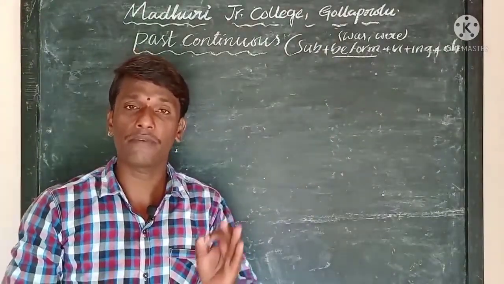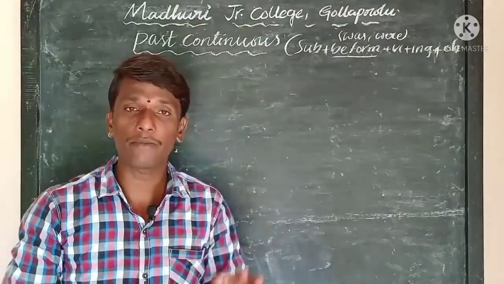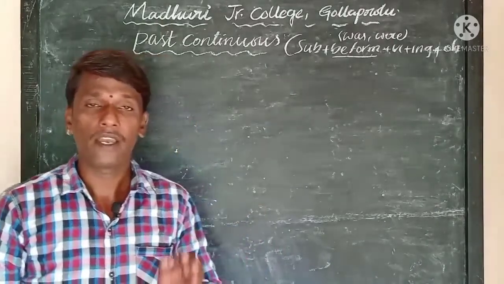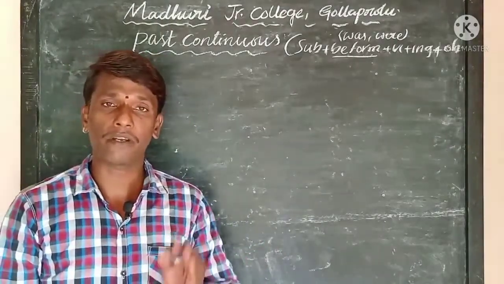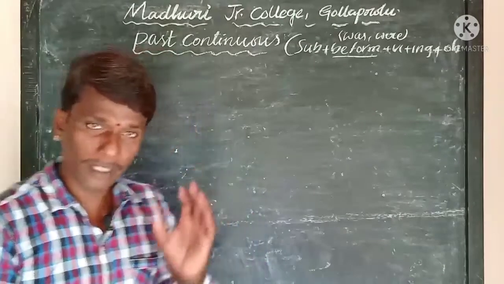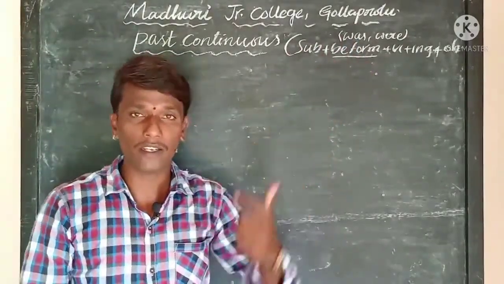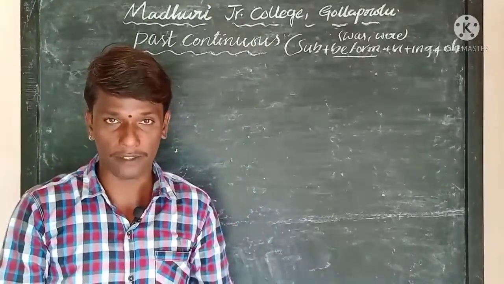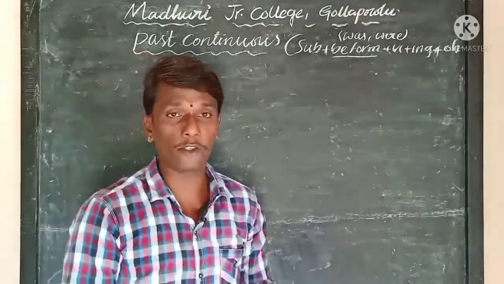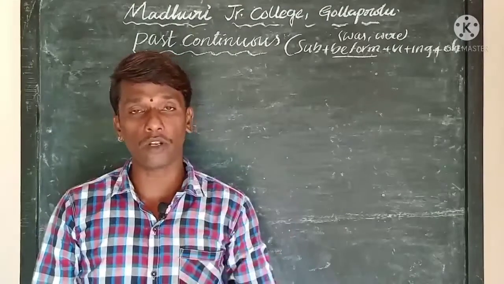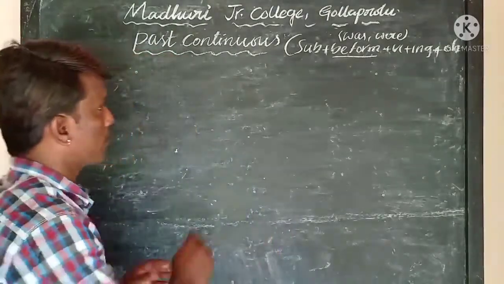Am is the right be form for I, is is the right be form for all singular subjects, whereas are is the right be form for all plural subjects. In the same way, was is the right be form for all singulars along with I in the past tense, whereas were is the correct be form for all plural subjects.